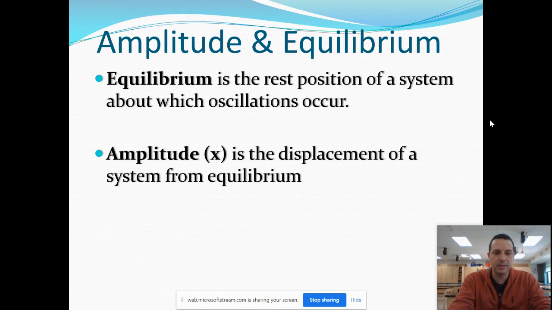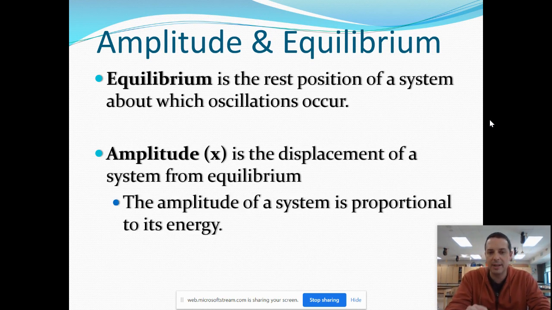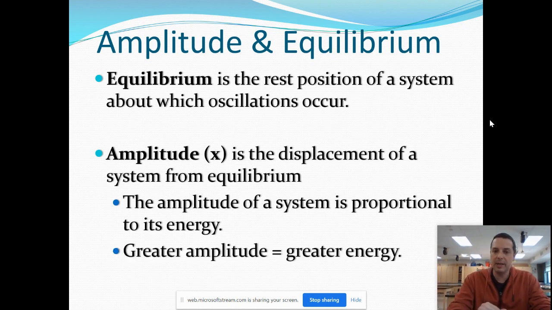I already mentioned that oscillating systems have energy in them. If we want to know how much energy is in an oscillating system, all we have to do is look to the amplitude, because the amplitude of a system, how far it's moving away from its equilibrium position as it oscillates, is the energy that's captured in the system itself. So the more amplitude we have, the more energy we have in an oscillating system.